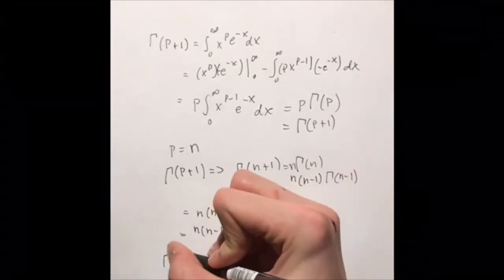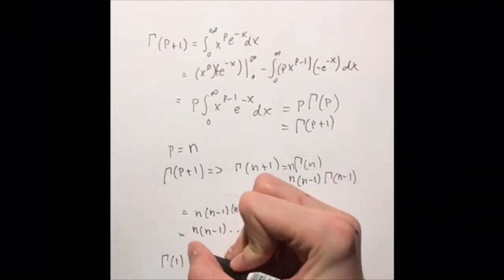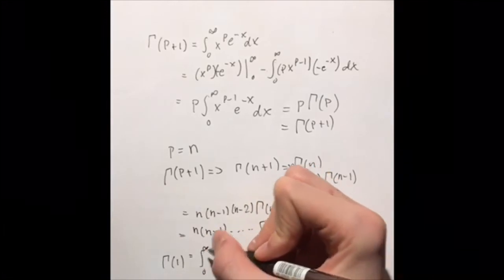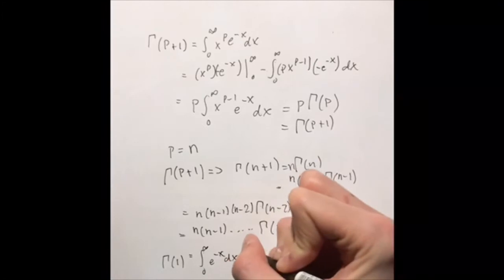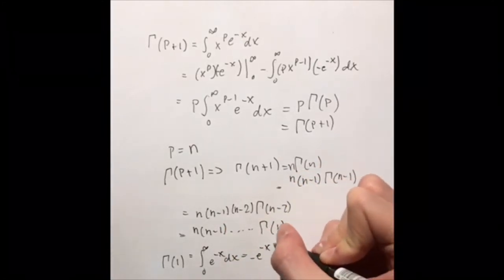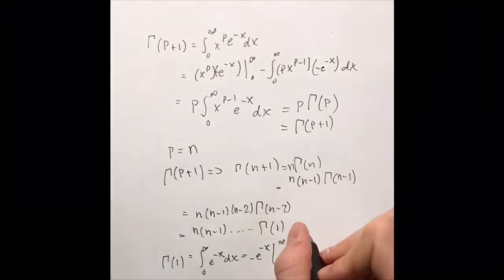But the gamma of 1 is by definition equal to the integral from 0 to infinity of e to the negative x dx, which when evaluated from 0 to infinity is just 1.